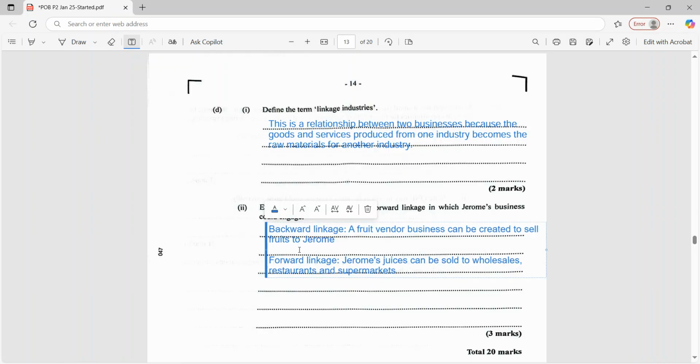So for backward linkage, our business is created to supply Jerome with the raw material, which is fruits. On the other hand, forward linkage is Jerome's output being sold to a business as its input. Right? So remember that for wholesalers, the input would have been anything that they buy from a supplier to sell to a customer.